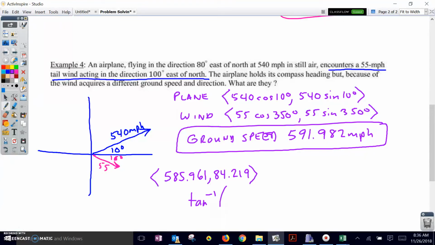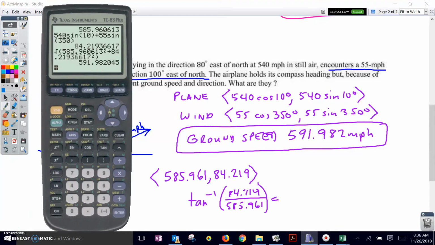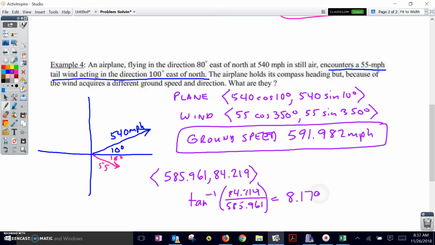So we're going to take the arctangent of 84.219 over 585.961, and we get 8.179 degrees, which is, because we're talking east of north in our original problem, I'll stick with the east of north.